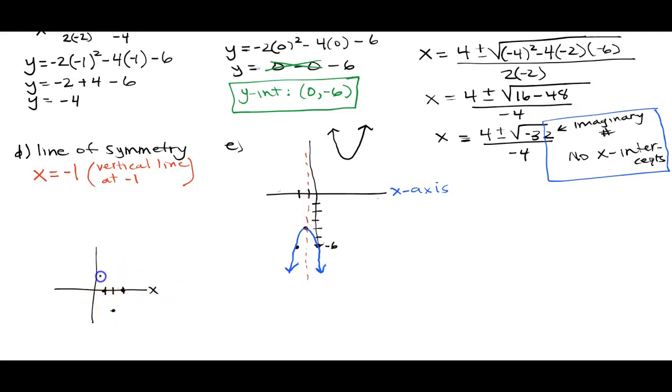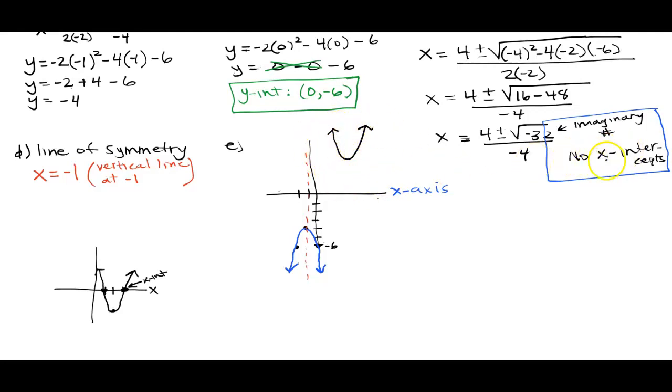And say that I had a parabola that looked kind of like this. Well, the places that they're crossing the x-axis are our x-intercepts. And what happens when they don't? In this one right here? Yes.